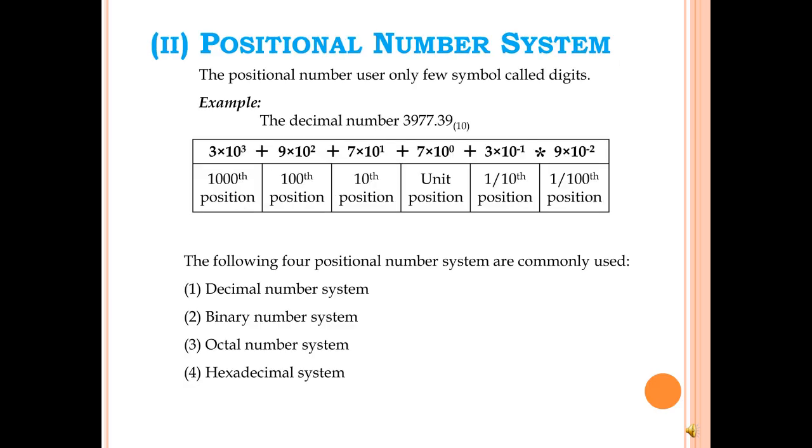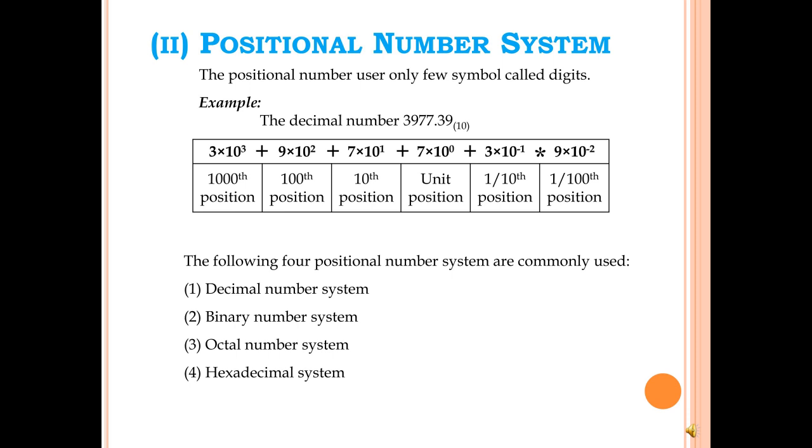Now, the positional number system uses only a few symbols called digits. Let's take an example: the decimal number 3977.39, where the 10 in brackets denotes the decimal base.